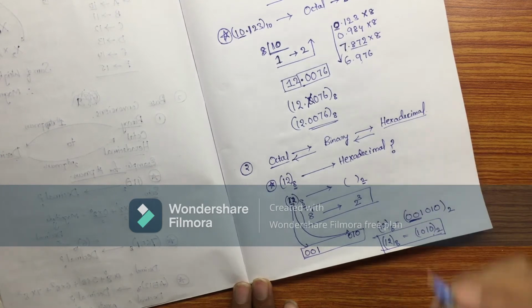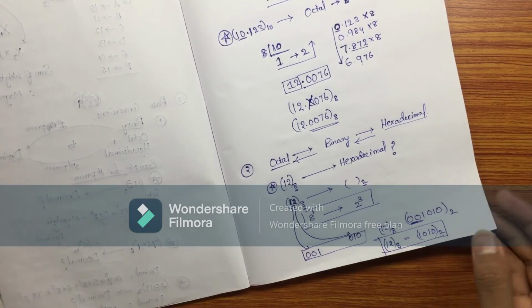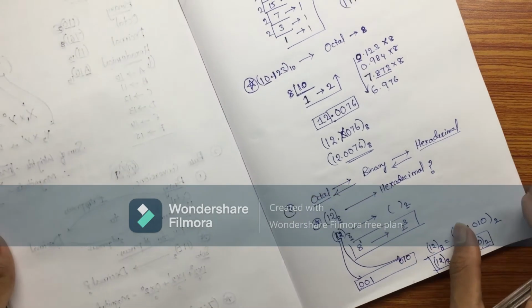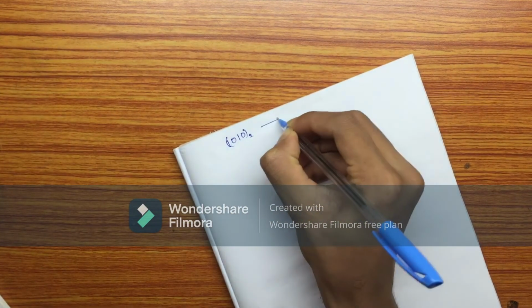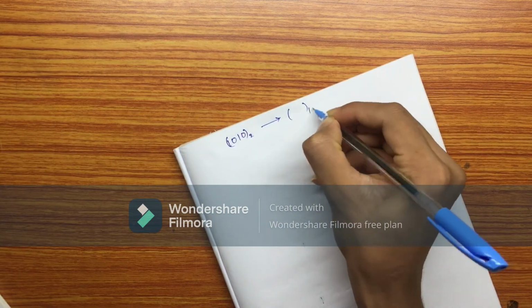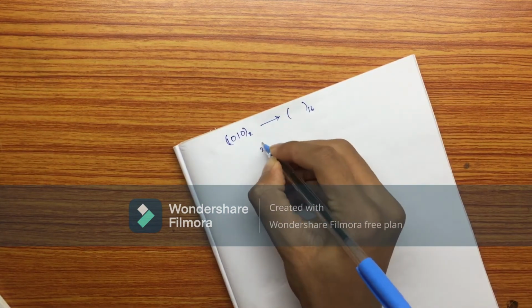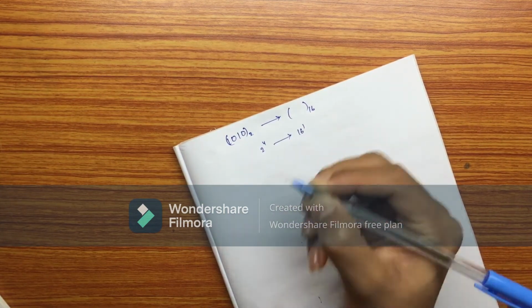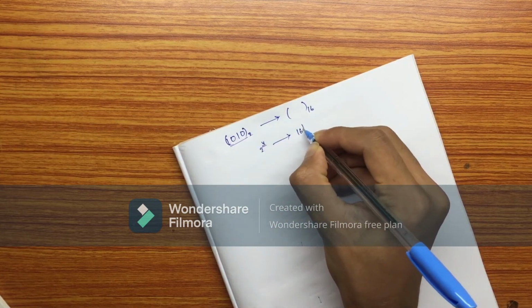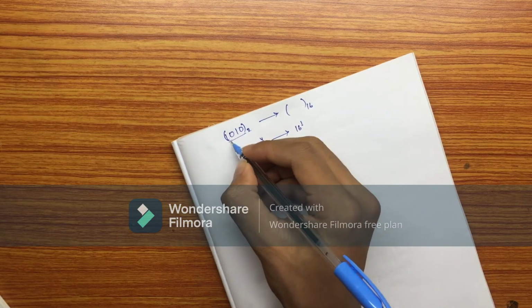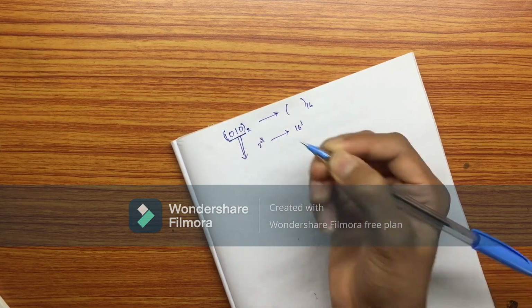Then from binary to hexadecimal we are going to convert. Binary 1010 we are going to convert into hexadecimal. Now 2 power 4 and 16 power 1, these both are equal, so 4 bits of this can be written as 1 bit of this, right? So what is the value of this in decimal?